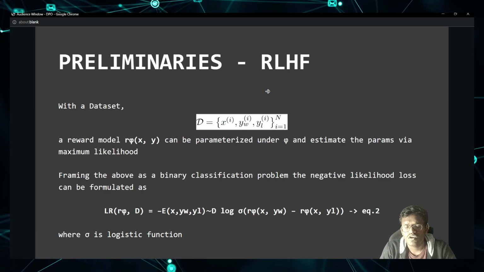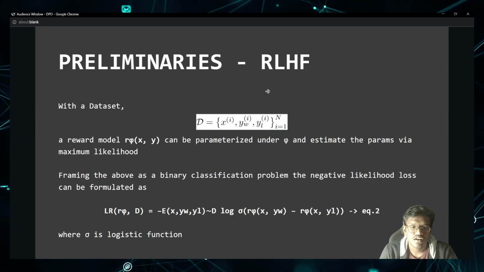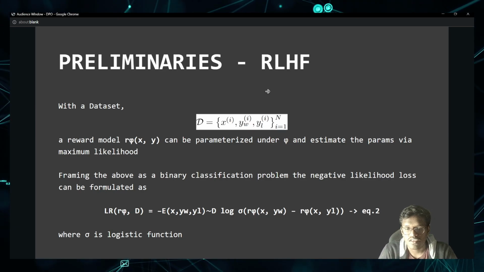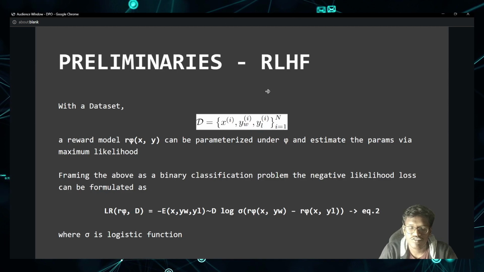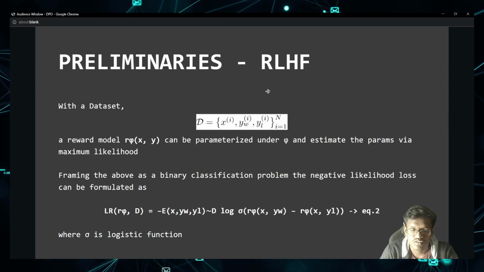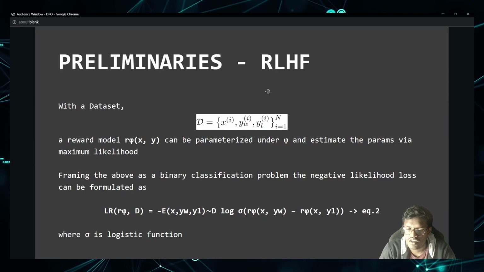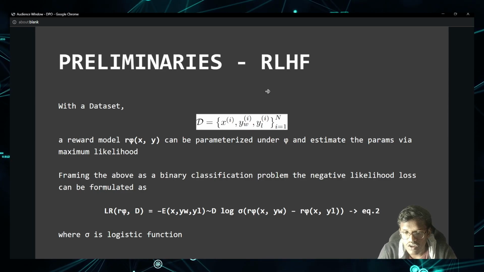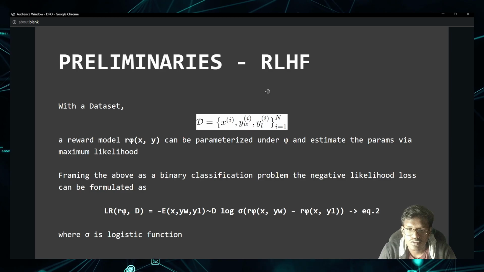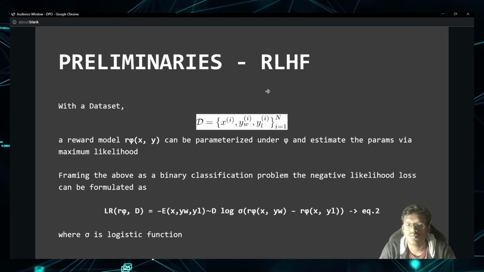So the loss is expected to be negative log sigmoid of, and sigmoid here they call the logistic function, but you can also call it sigmoid, log sigmoid of r phi (x, yw) minus r phi (x, yl).